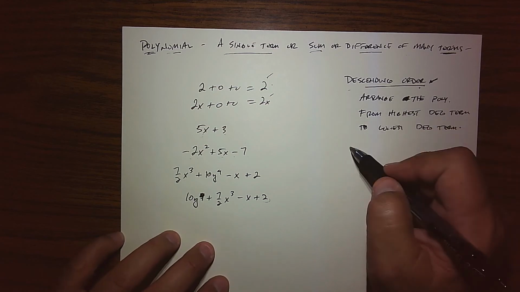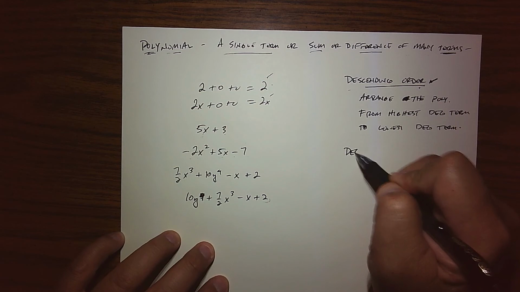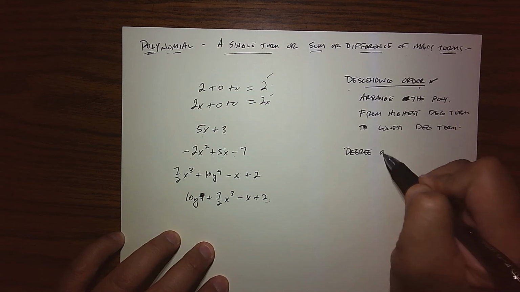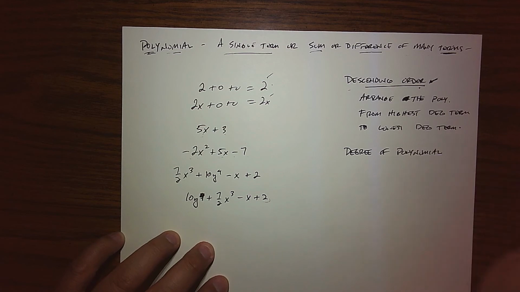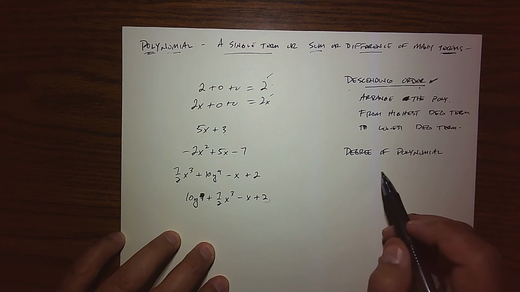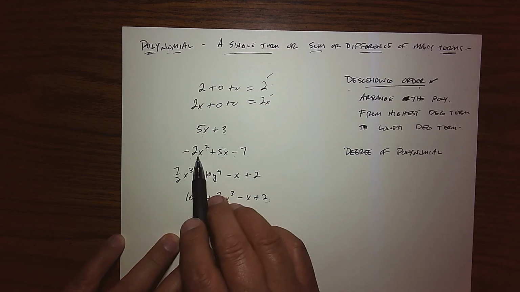All right, because that basically gives the next two things. The first thing is this item called the degree of a polynomial. This is different than the degree of a term that we defined in the last video. The degree of a term is just the power on the variable part of each term.